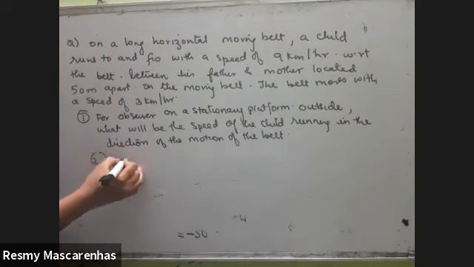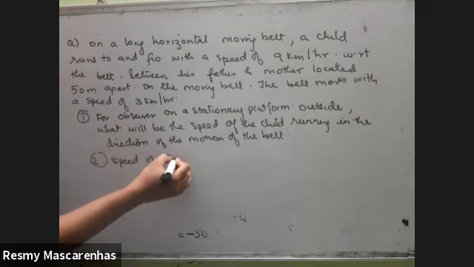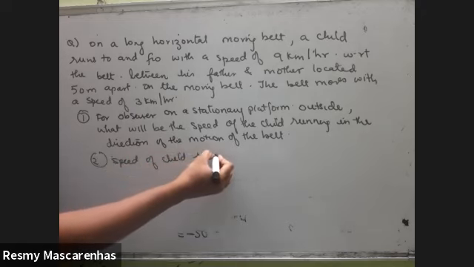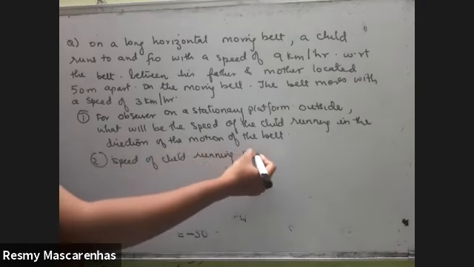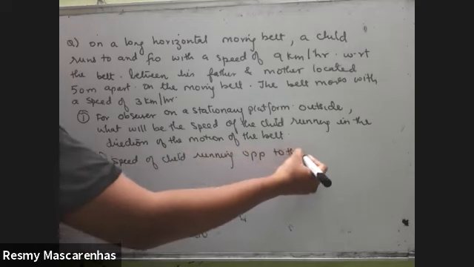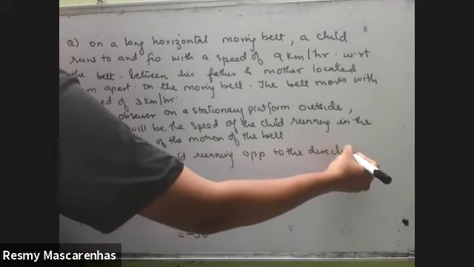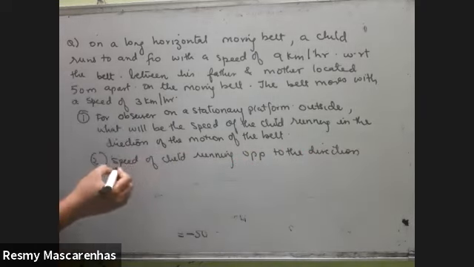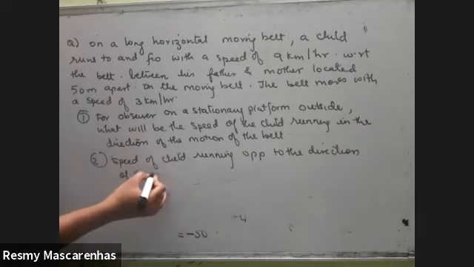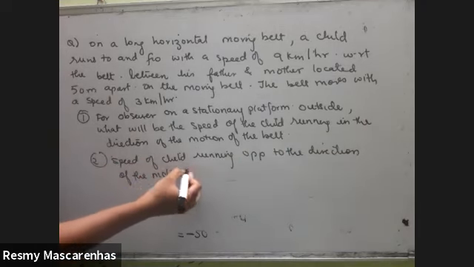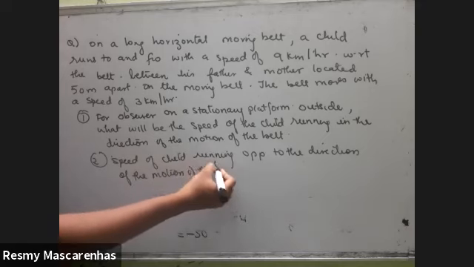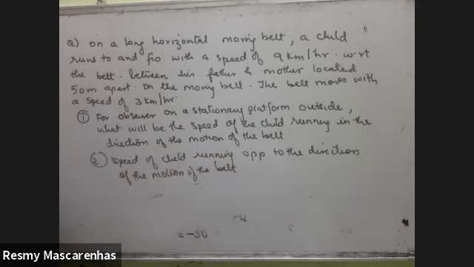Second one, the speed of the child running opposite to the direction of the motion of the belt. This is the question.